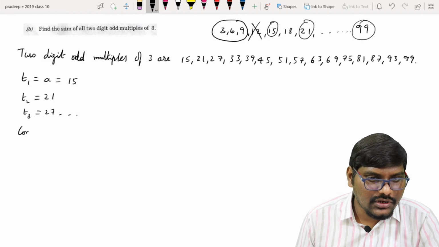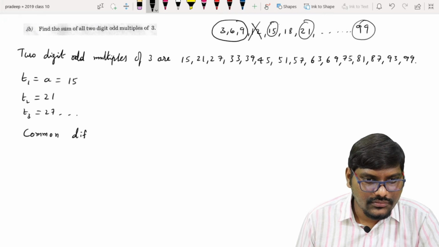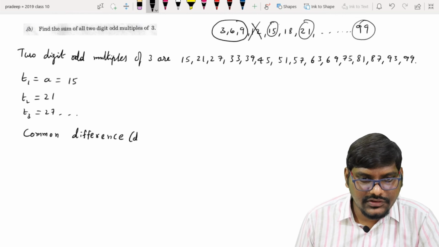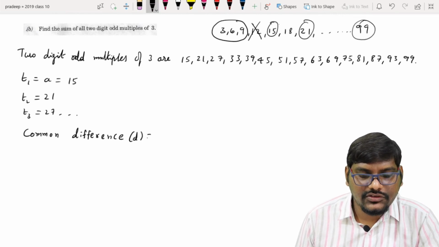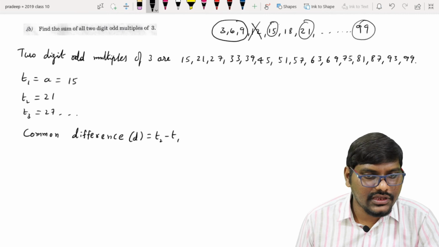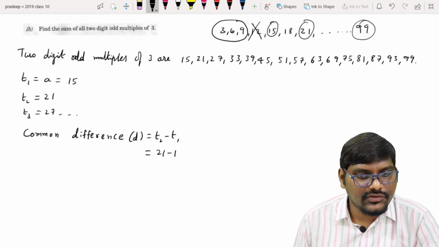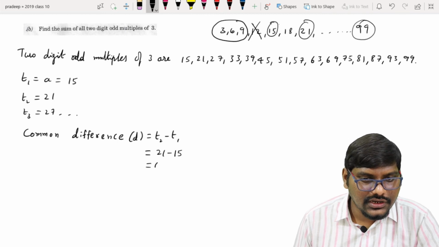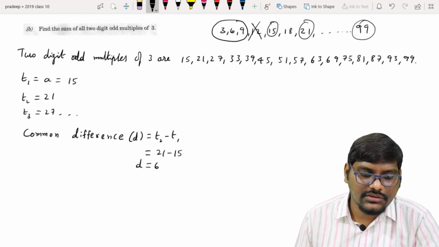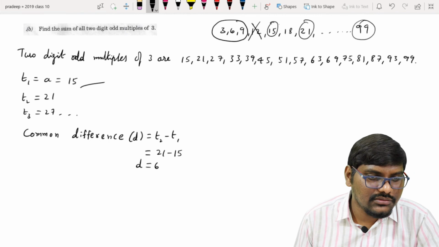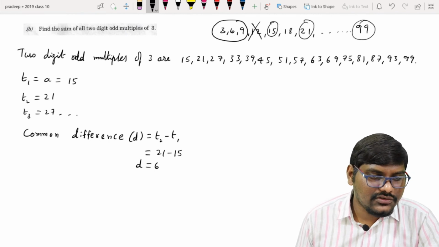We'll represent the common difference with d. This is T2 minus T1. T2 was 21, T1 is 15. So we get the d value as 6. So d is 6, and a is 15. Now let's try to do the sum.